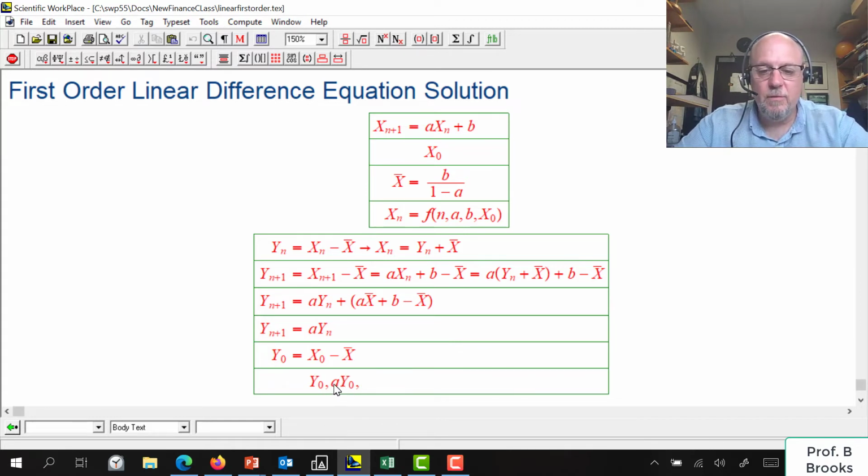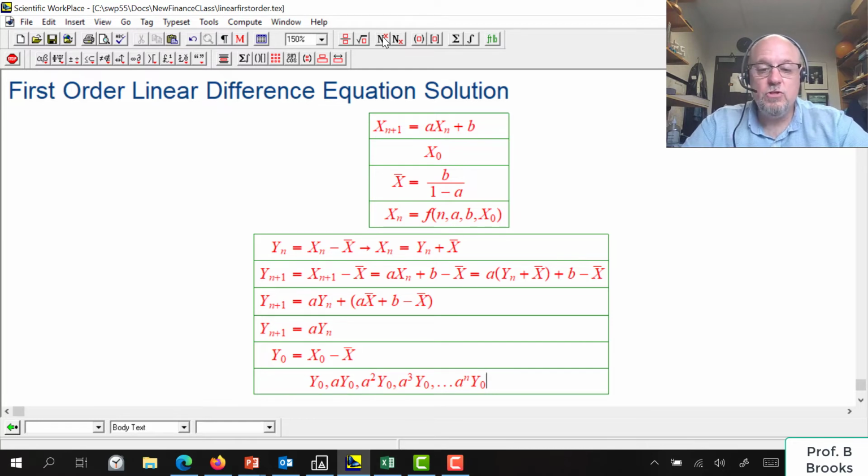The next value is going to be take the last value and multiply by a again. Well, it's a times a. This is going to be a squared times y naught. The next value is multiply by a again, so a cubed times y naught. So I can see the pattern here, right? The nth term is just going to be a to the n times y naught.